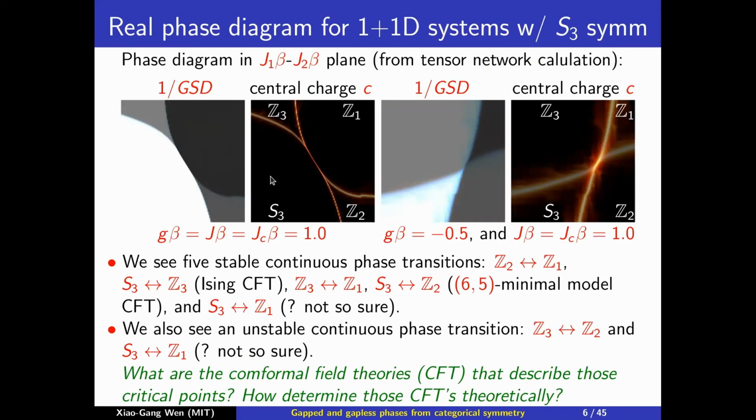The Potts model is integrable, but that only allows two phases, Z3 and Z2, S3 and Z2. But whether there's an integrable model which allows all four phases, that is the issue.